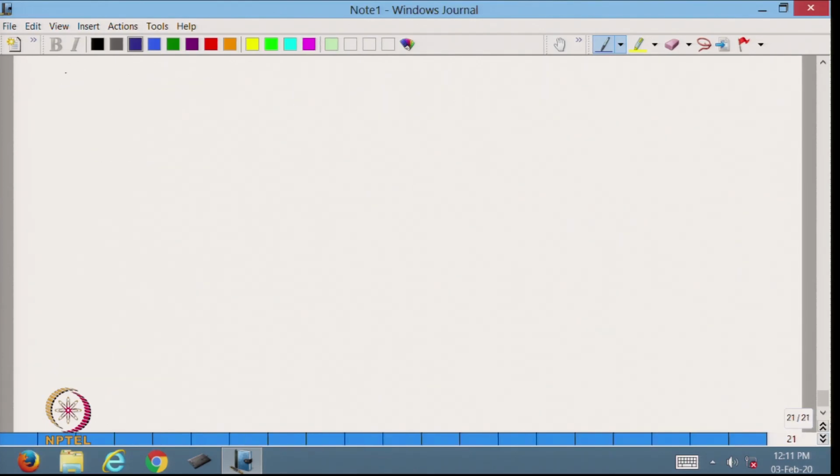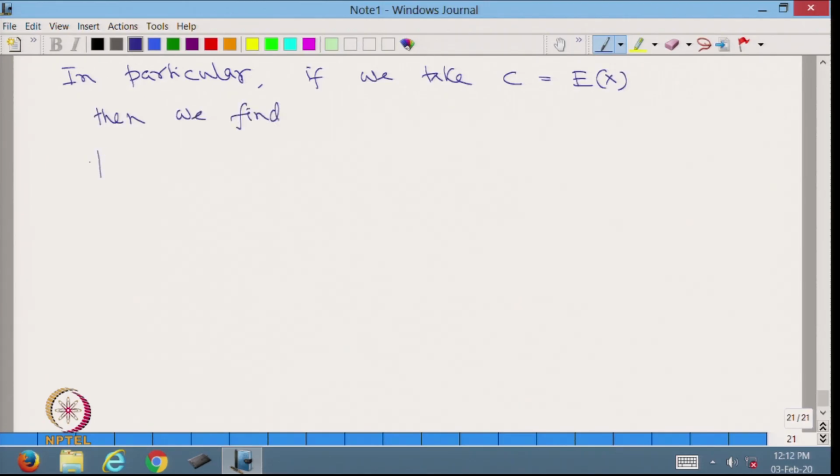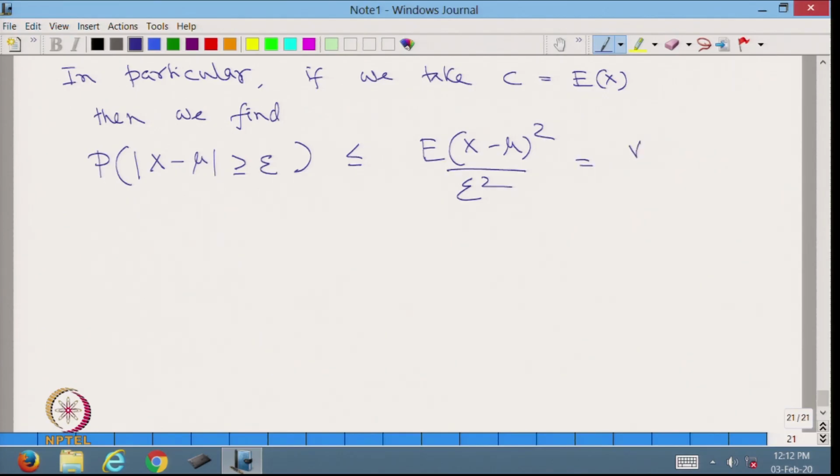In particular, if we take c equal to expected value of x, then we find probability modulus of x minus mu greater than or equal to epsilon is less than or equal to expected value of (x minus mu) whole square upon epsilon square, which is equal to variance of x upon epsilon square, where mu is equal to expected value of x.